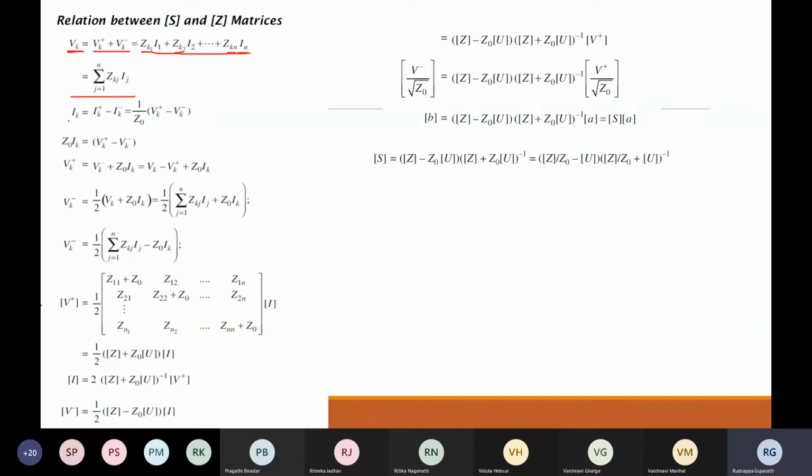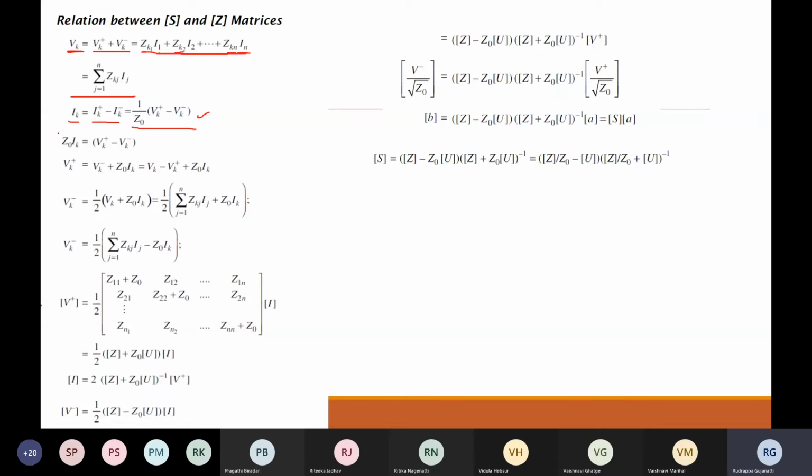We also saw that the overall current is equal to the incident current minus the reflected current. In terms of the intrinsic impedance, this is Vk plus divided by Z0 minus the reflected voltage Vk minus divided by Z0, which gives you this equation for the current.